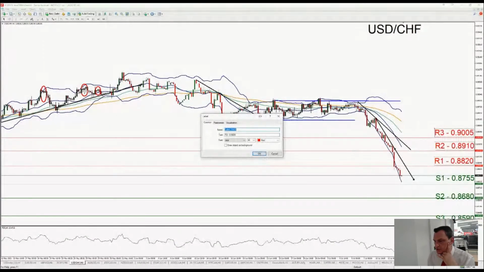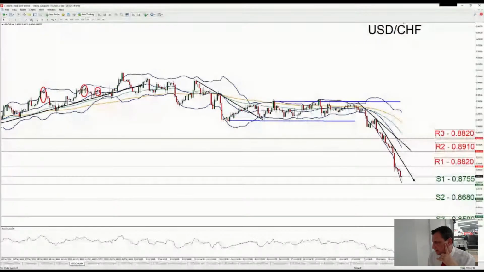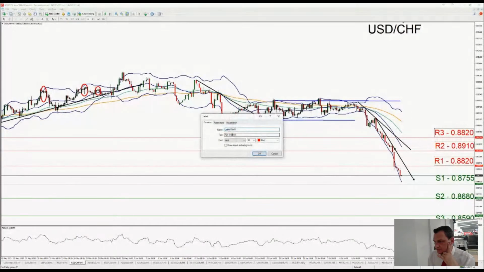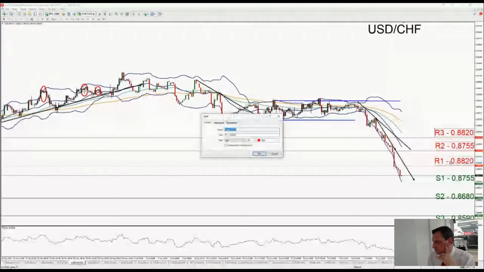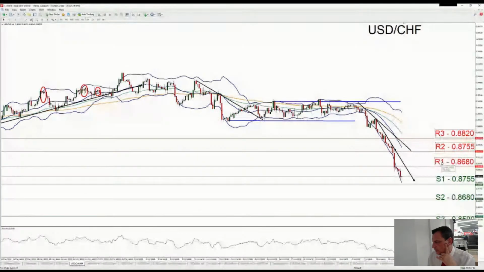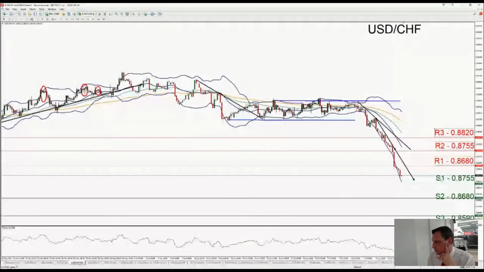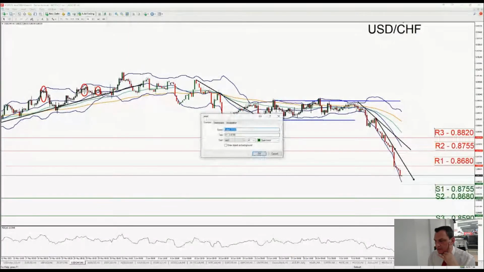Starting with the R3, which is now being placed at 0.8820. The R2 at 0.8755. The R1 at 0.8680. And then we have the S1, which is being placed at 0.8590.